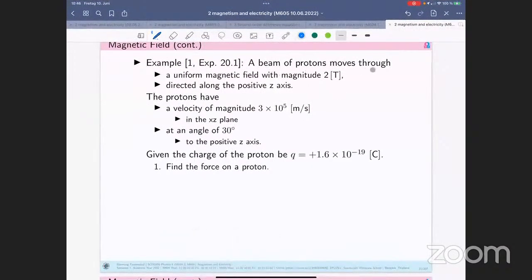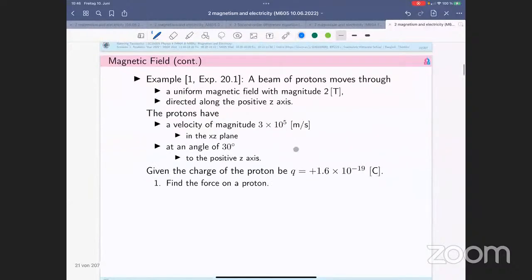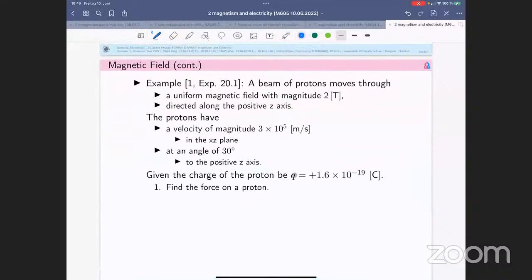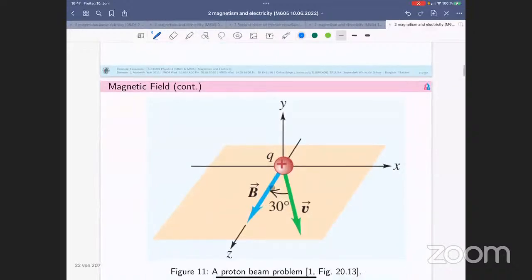A proton can be accelerated and move with speed. Let's say our scenario here is a proton. It moves in this direction with motion direction vector v, or the velocity vector v, and there is a magnetic field with flux density B, and it points in this direction along the z-axis.